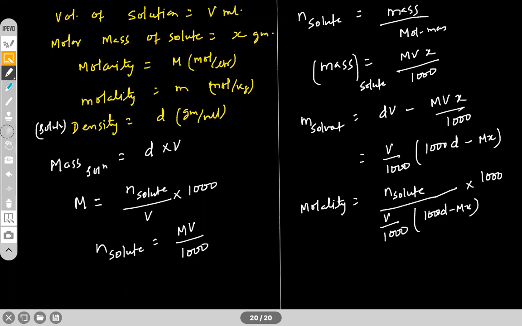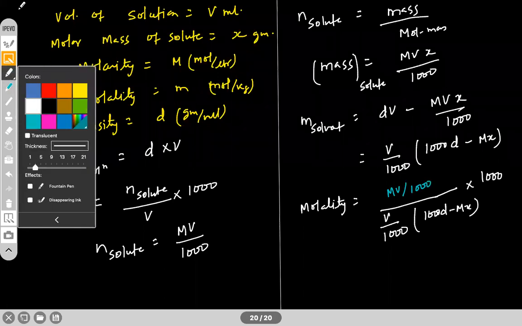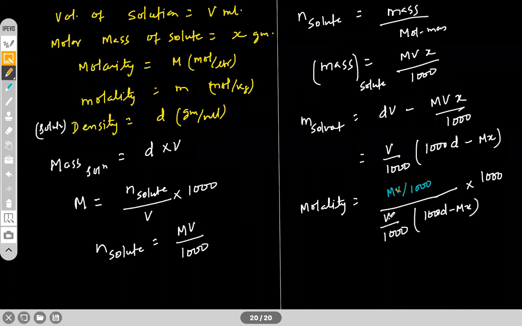Okay, now you see this. I just want to finish this in this particular page only. So I'm replacing this number of moles of solute by this, which is M into V by 1000. Now you see, this V will get cancelled, this 1000 will get cancelled. So what are we left with?